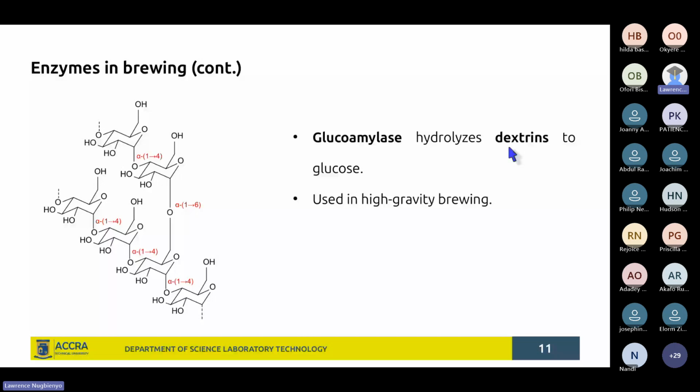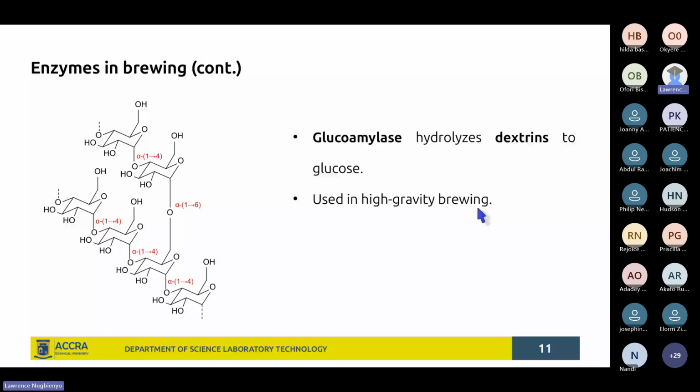And particularly you have what is referred to as high gravity beers, or say the process of high gravity brewing. Normal beers generally contain alcohol content of about, say, 5%, thereabout. But you do have beers that are produced to have higher alcohol content, about maybe 7%, 9%, in some cases 10%, 12% beers.